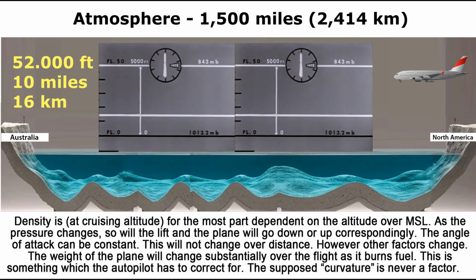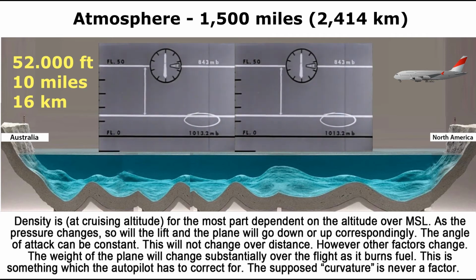At flight level 50, where the pressure is 843 millibars, it will indicate 5,000 feet. In this case, however, the pilot wishes to know his vertical distance above the aerodrome level. He must, therefore, find out what the pressure is at this level.